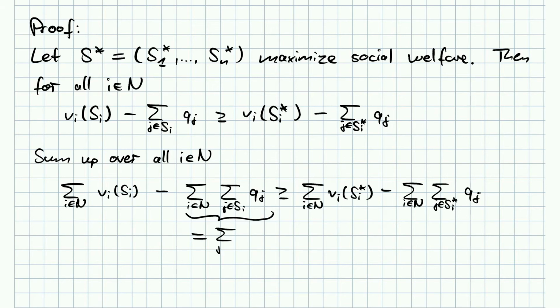So we'll see that this is exactly the sum of all item prices. Now, this thing here will be at most the sum of all item prices, because also here every item is appearing at most once, because it is a feasible allocation.